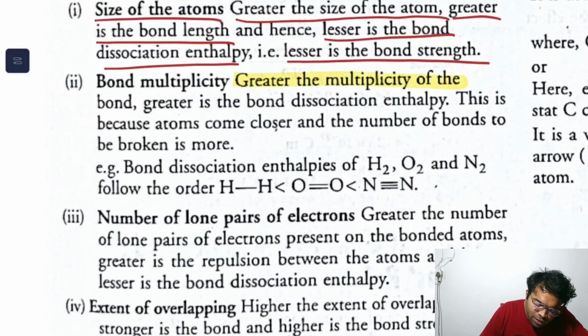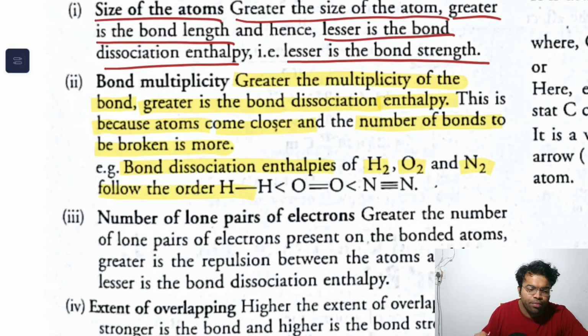Greater the multiplicity of the bond, greater is the bond dissociation enthalpy. This is because atoms come closer and the number of bonds to be broken is more. The bond dissociation enthalpy of H2, O2, and N2 follow a particular order. All of these are diatomic species, right? Sorry, not bimolecular, diatomic species.